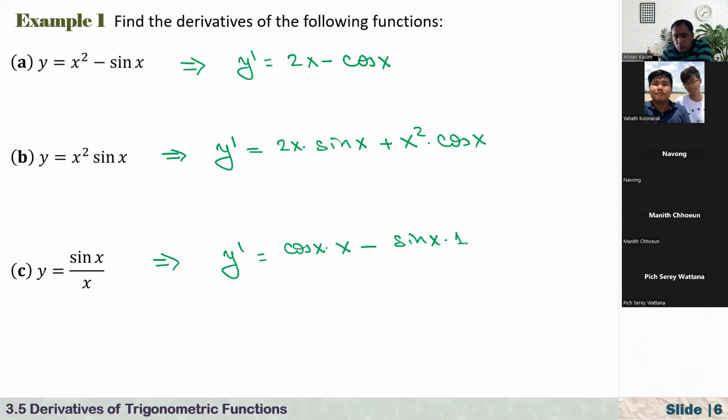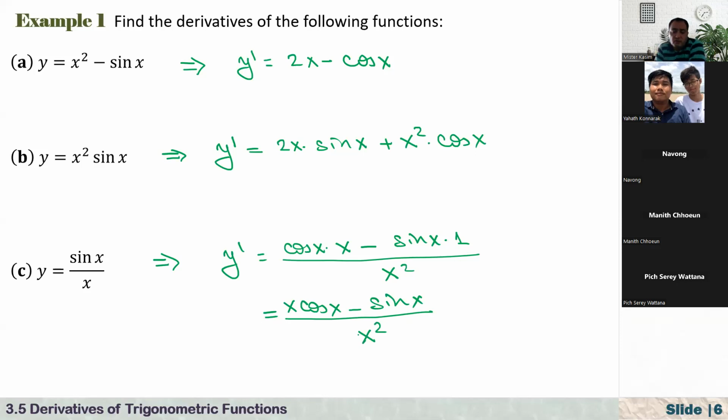That's 1, over, now we have to square this, that's x squared. We just write this x the same. And now we can simplify this. If you simplify that, what we have here is cosine of x times x minus sine of x over x squared. So that is the derivative of this function.